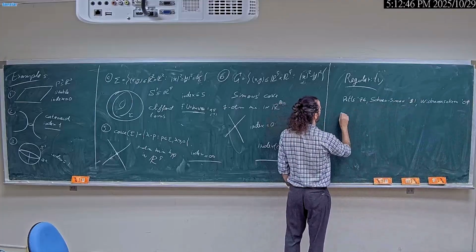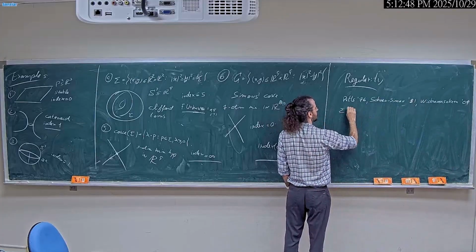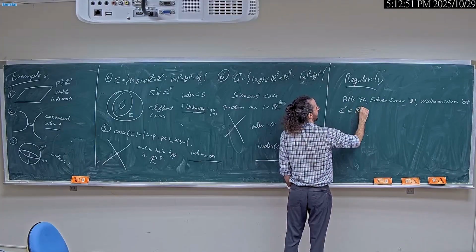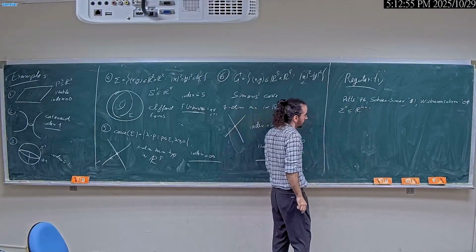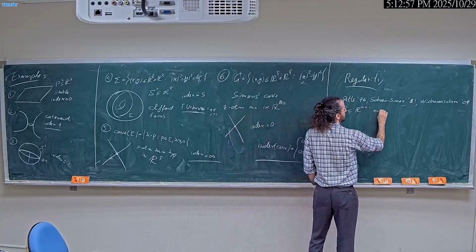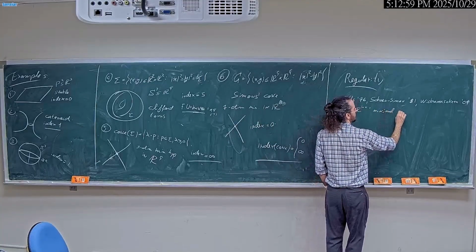It says the following: if you take sigma, let's say in R^(n+1), doesn't have to be 1. It's minimal and stable.